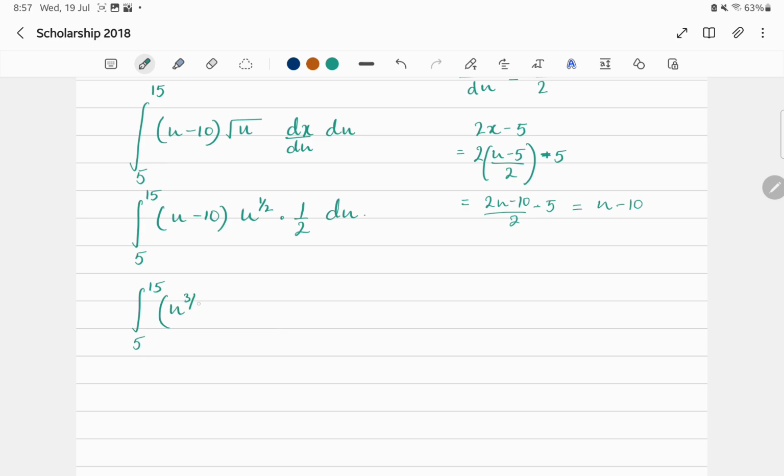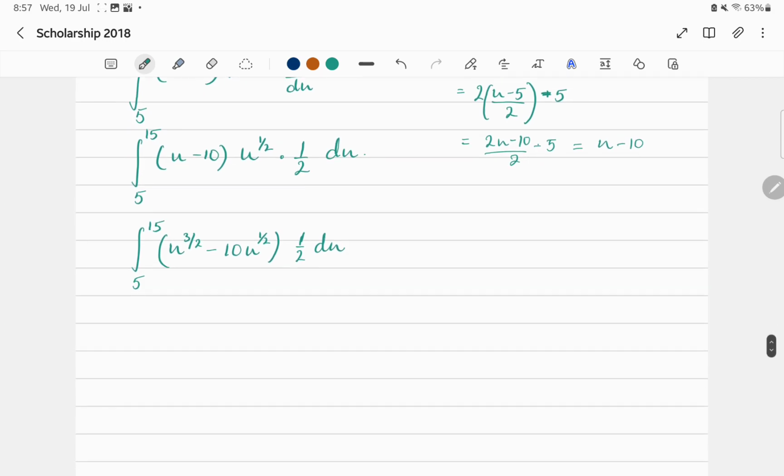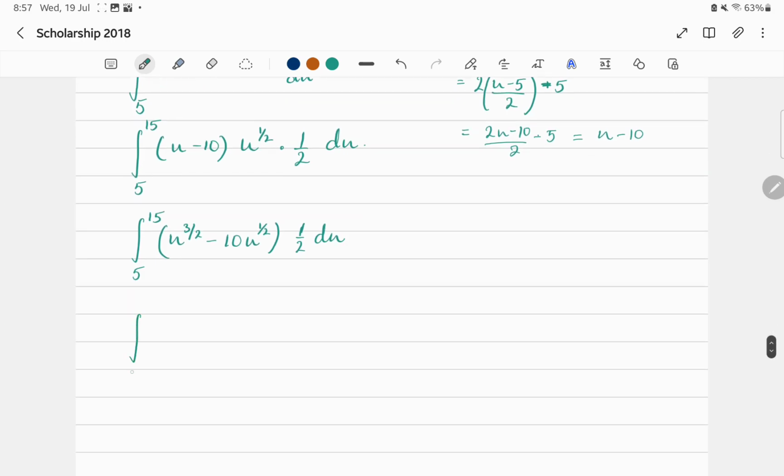This is going to be u to the power of 3 over 2 minus 10 u to the power of half, and then we have half du. Half is just a number, it's not going to affect the integration. So 5 to 15. Now let's do the integration, no more simplifying.